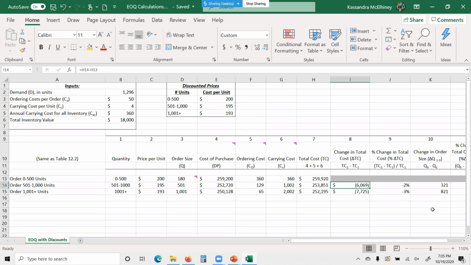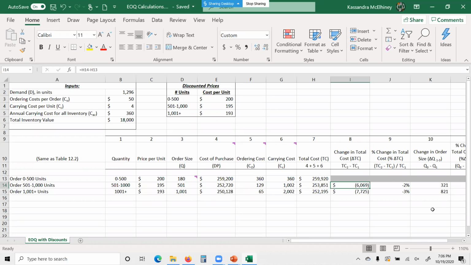Always use economic order quantity here, excuse me, for the benchmark. So our change in total cost as a whole dollar amount is $6,069 less to order 501 units of goods as opposed to 180, when we get a lower price per unit.